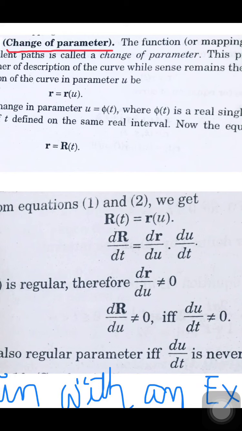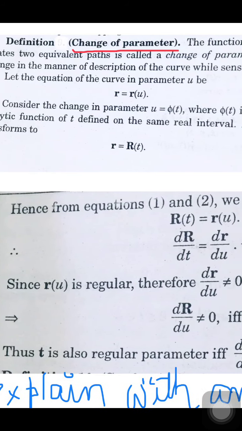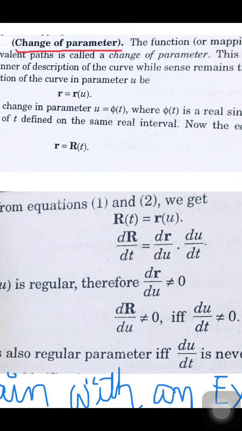Now differentiating with respect to t, we get dR by dt. Here r is in u on the right hand side, so we may break it like this: dr by du into du by dt. Now since r of u is regular, dr by du is not equal to 0.